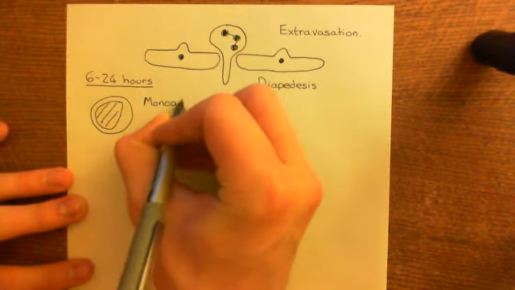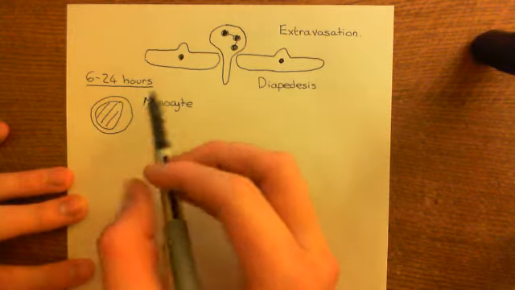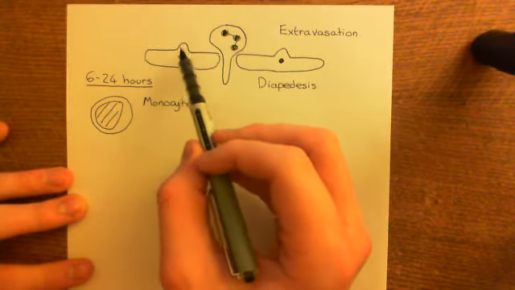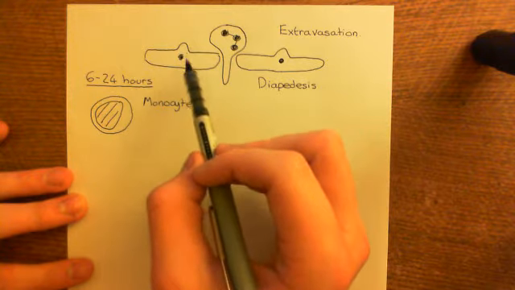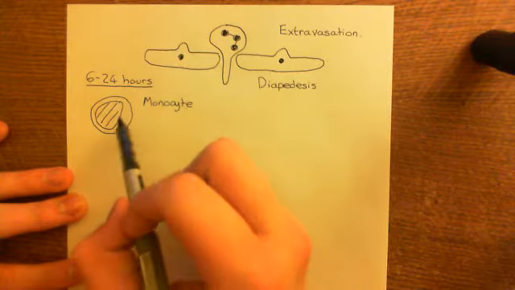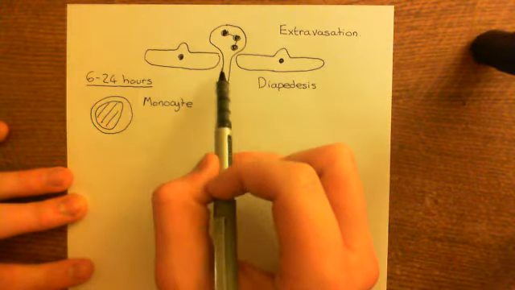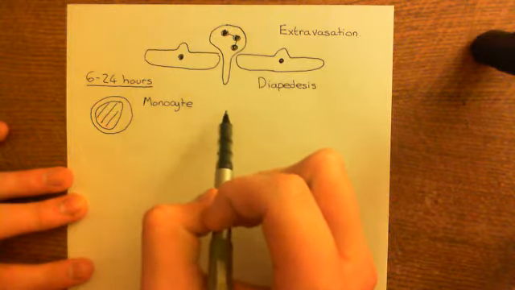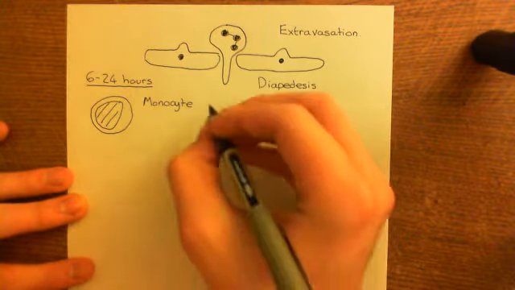Basically, monocytes are circulating within the blood, and what will happen is after around 6 to 24 hours, these endothelial cells will start expressing molecules which will adhere to molecules on the surface of the monocyte. Then the monocyte too will diapedese across the endothelial cells and get into the interstitial fluid.